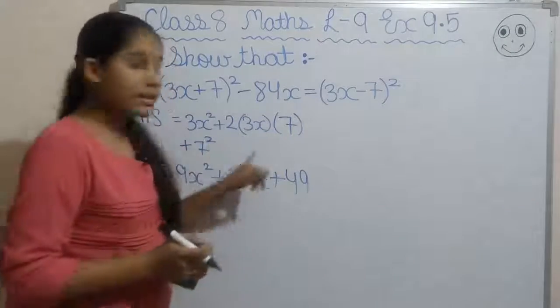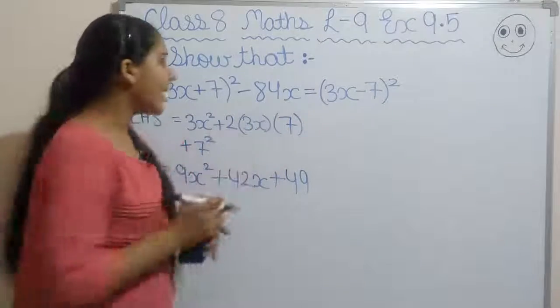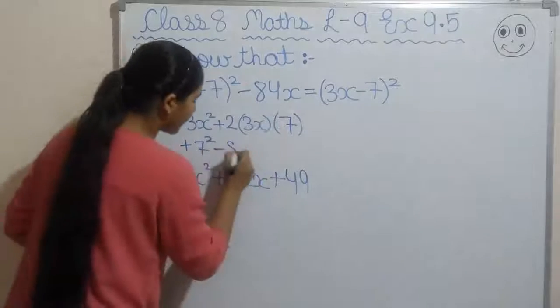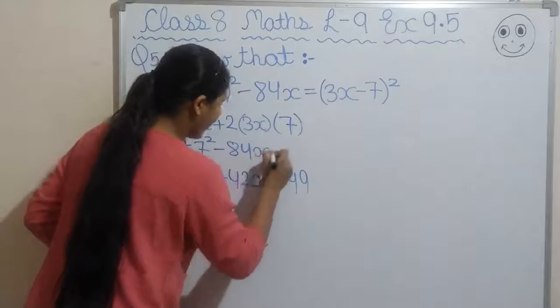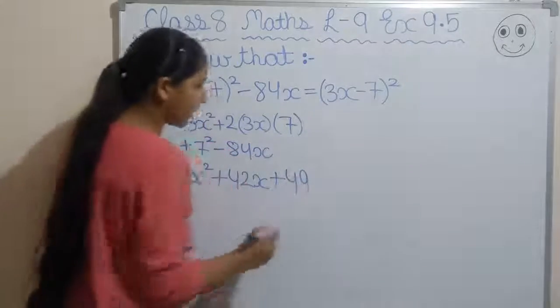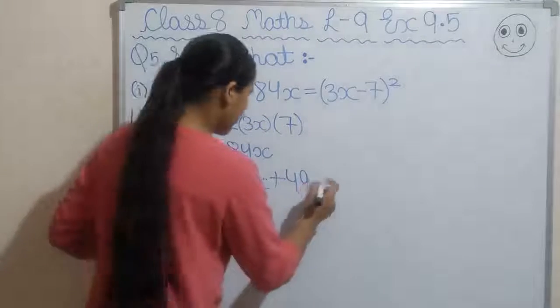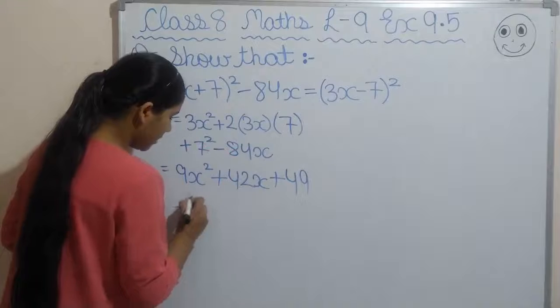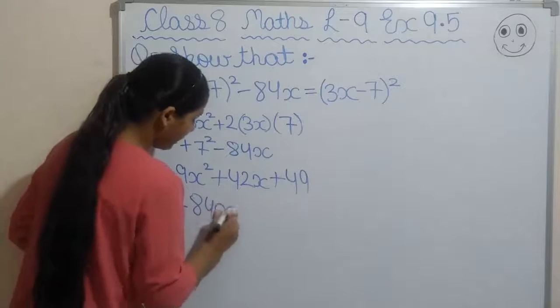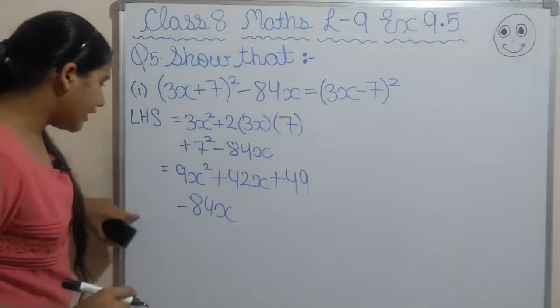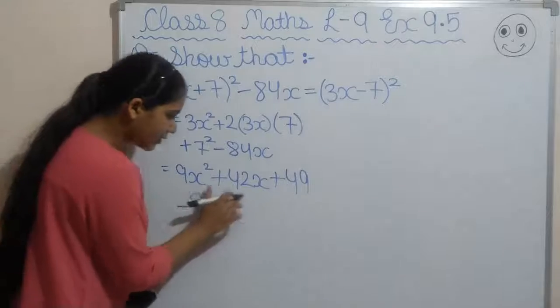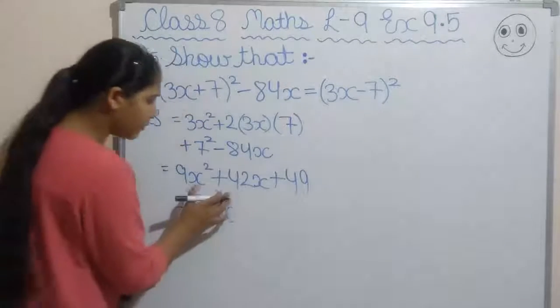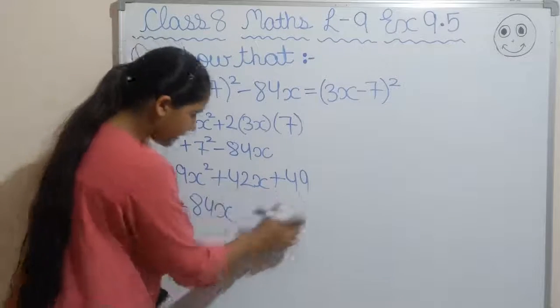We forgot one thing. We have solved this, but who will write this? So minus 84x we will write here. After that, x square is not the same, but 42x and x are the same.